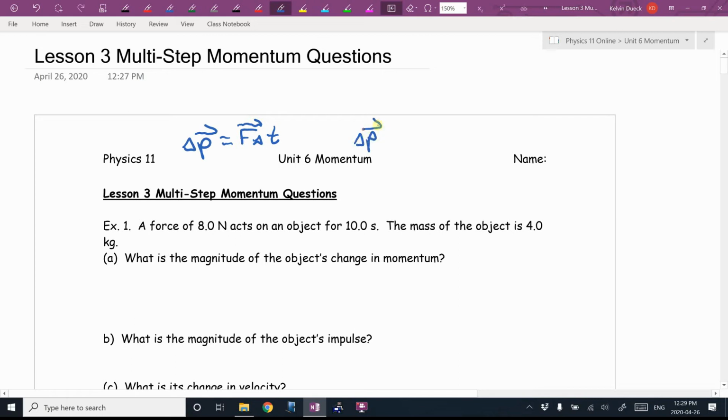Impulse, change in momentum, is also final momentum minus initial momentum, and that's because change in anything is always final minus initial. And then also because momentum is mass times velocity, I can turn this equation into mv final minus mv initial.